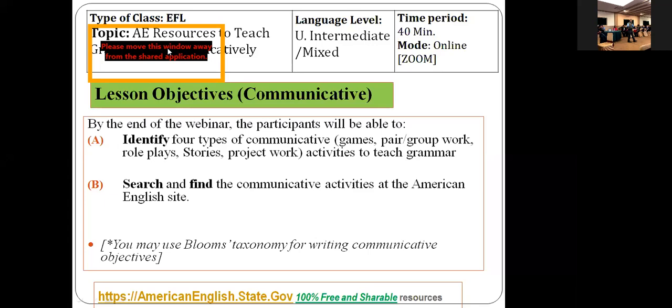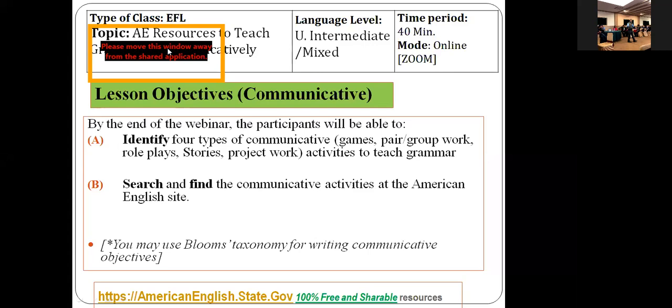For example, if I mention here no 4 types of communicative activities, then I would not be able to measure whether my participants actually know or can work on that.